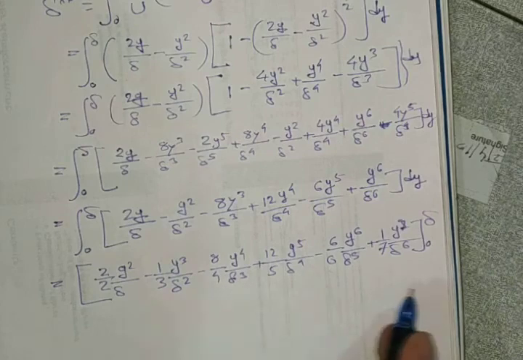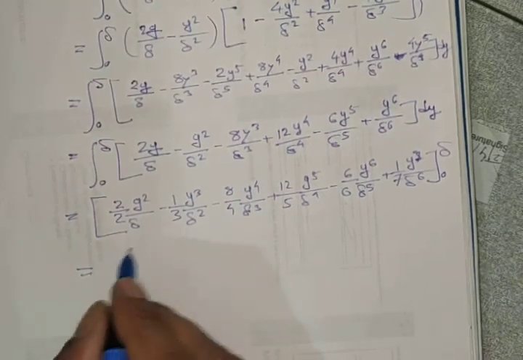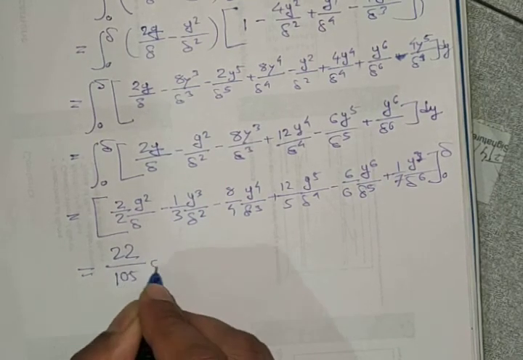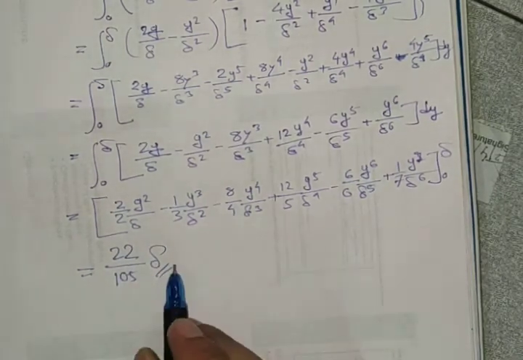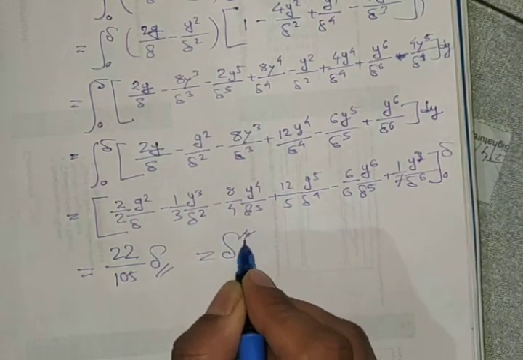And if you put the value here, finally you will get the result 22 by 105 delta. So this is your delta double star.